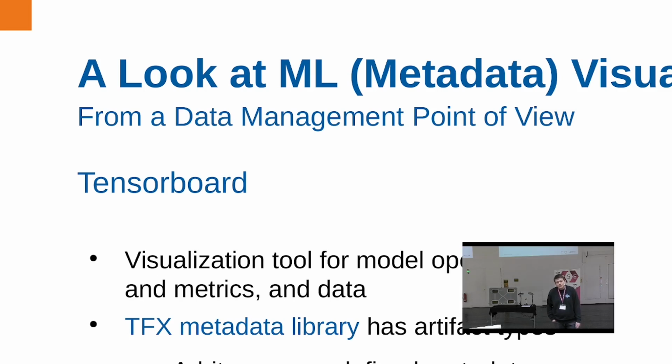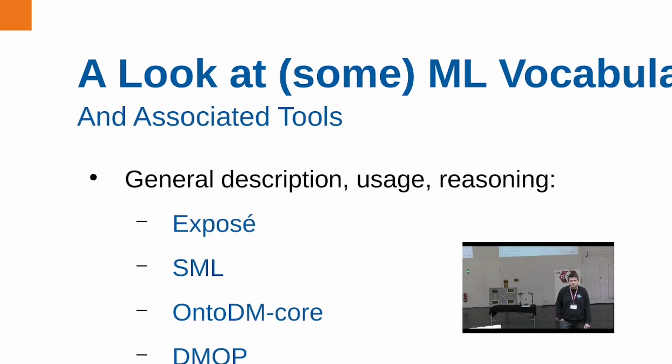Weights and Biases similarly has artifact types, which can be considered like files or directories, but they only have a fixed set of defined metadata. And in general, these tools only cover the machine learning domain, which makes sense because what else would they know? And we would like, as I said, to embed this in the larger context.